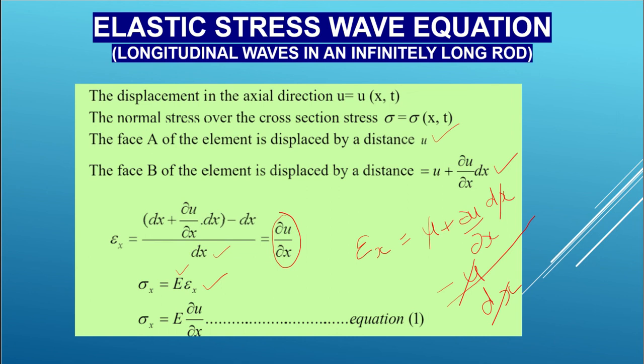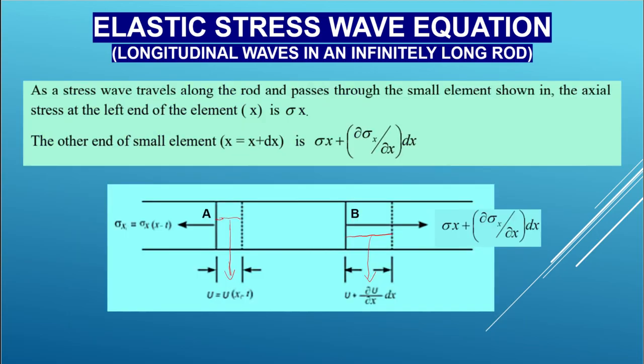Substituting the value of epsilon x, dou u by dou x, in this equation, we get sigma x equals E into dou u by dou x. This is one of the important equations because we will substitute it in the later part. So sigma x equals E into dou u by dou x.